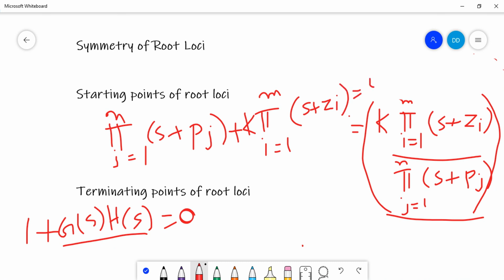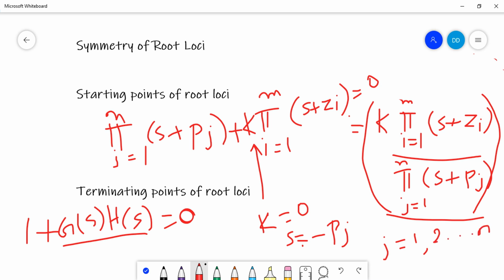Now if we consider K equal to 0, what we get is s equal to minus pj, where j is 1, 2, etc. up to n. That means these are the poles, open loop poles of the system.